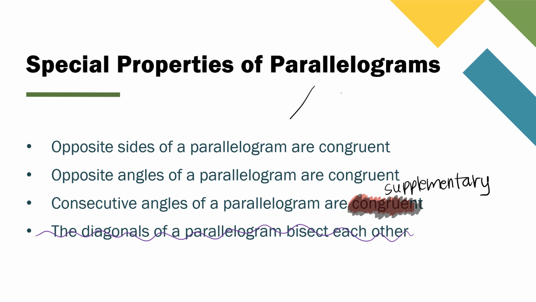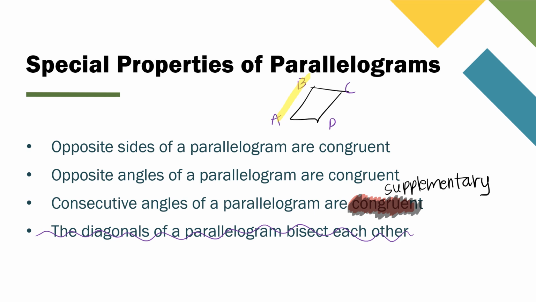Consecutive angles, when we're talking about parallelograms, are going to be angles that share a side. All right, so if this is A, B, C, D, then A and B, those are consecutive because they share a side.